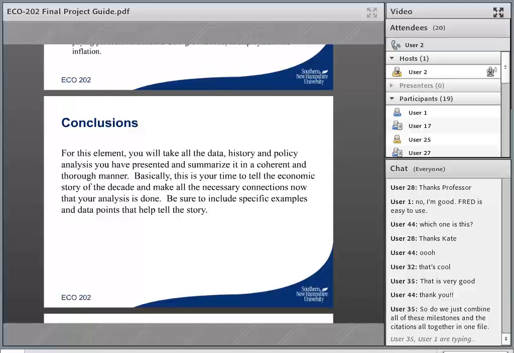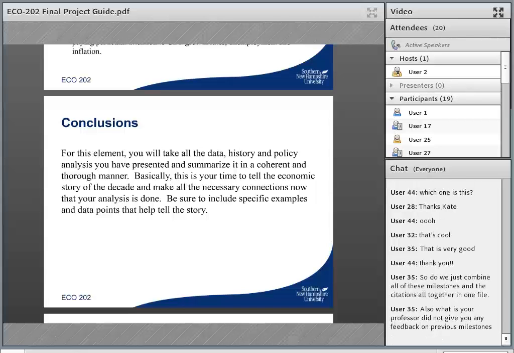So you've got those few slides, and then the monetary policy slides, which I have a double of here. And then are your last 2 elements that you're adding. So the first is general conclusion. Conclusion really isn't the right term. It should probably be called summary, but in this element, you're going to summarize the data, the history, and the policy analysis of the time period.